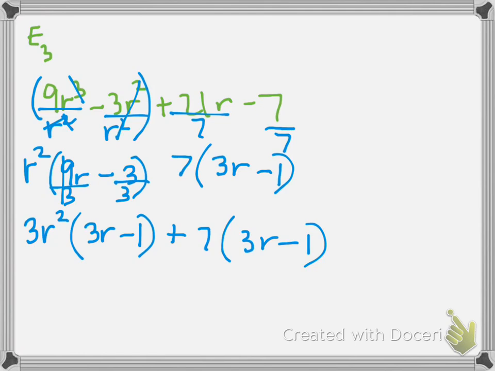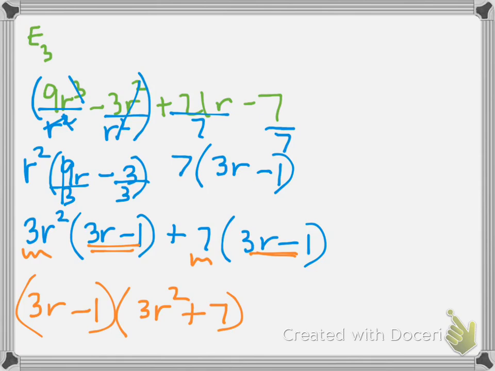But here's how you write the final answer. This is what they had in common again, 3r minus 1, and this is the leftovers. That's kind of how I call it. After you divide it out, this is what's left: 3r squared plus 7. Factor by grouping. This is another way to factor.